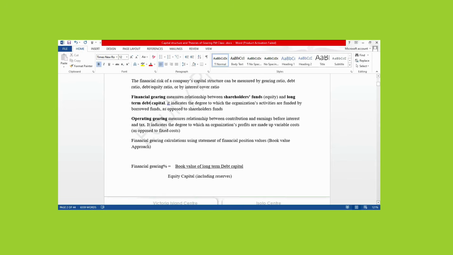If you are to calculate financial gearing using the book value approach, you can calculate it as book value of long-term debt divided by equity capital, including reserves.